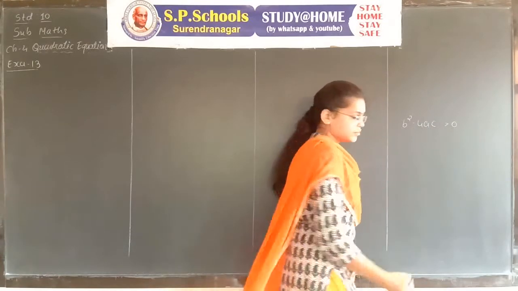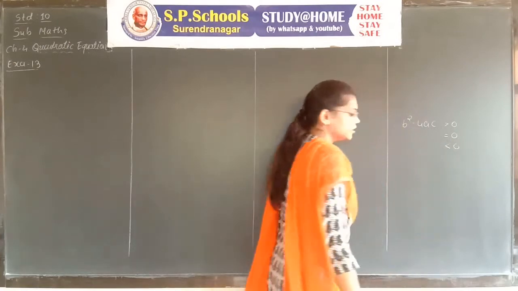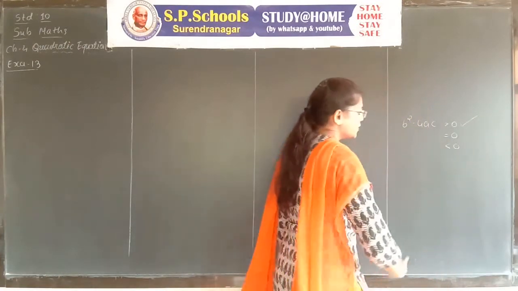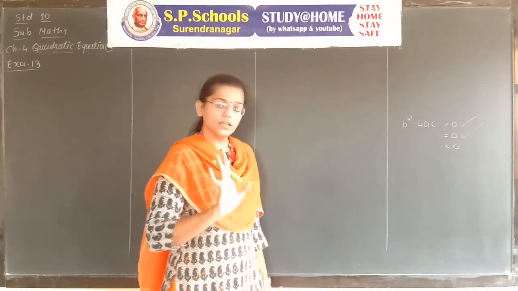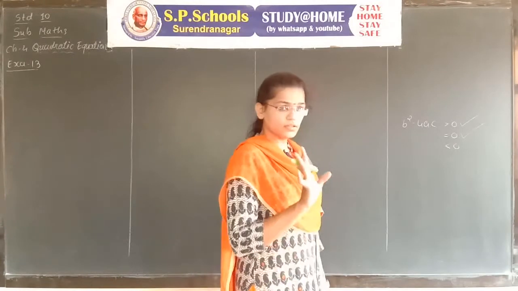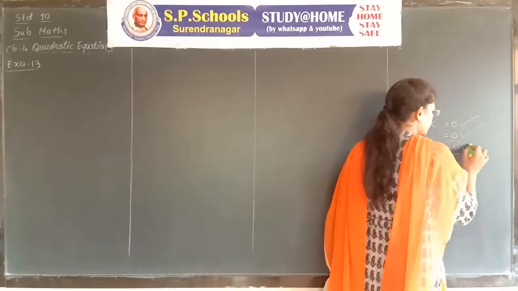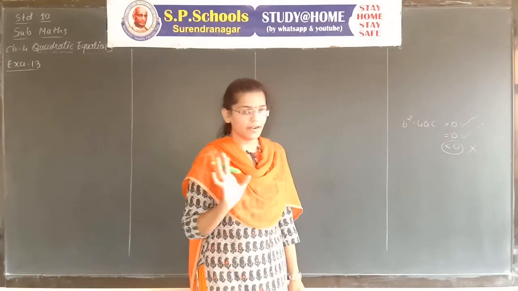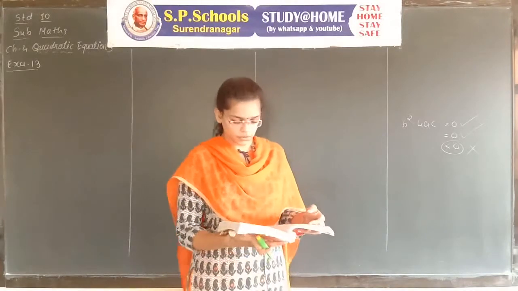It has three types of value: greater than 0, equal to 0, and less than 0. If it has a value greater than 0 or equal to 0, then it has roots and a solution is possible. But if the value of the discriminant is less than 0, real roots do not exist, so we can't apply the quadratic formula.